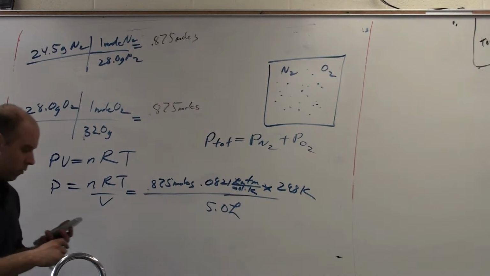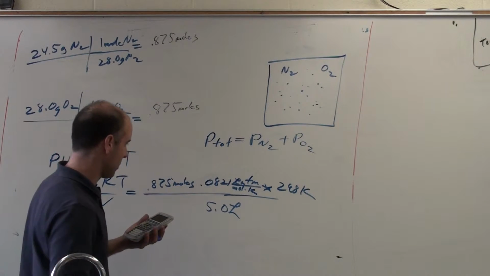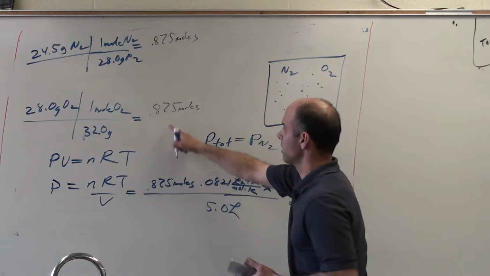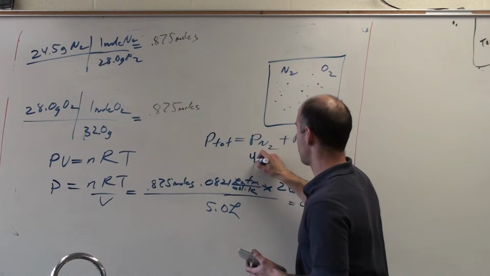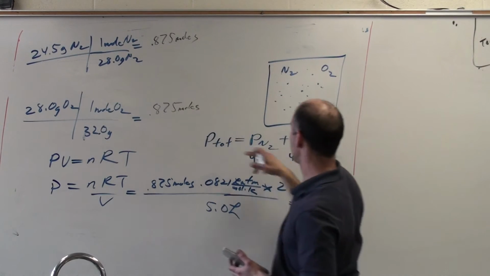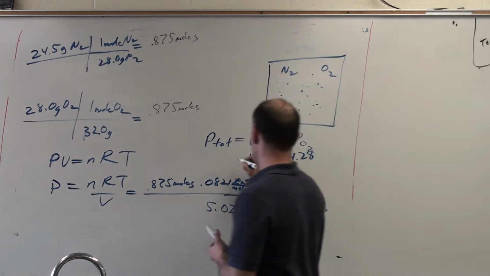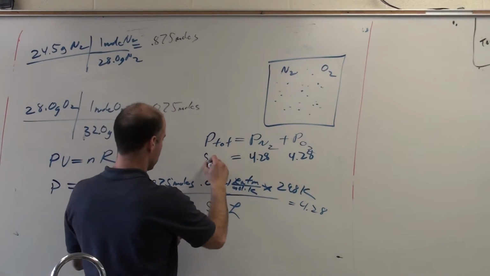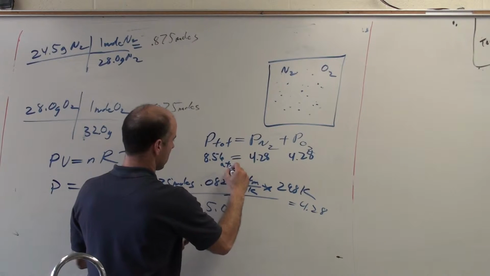And I get 4.28 atmospheres. So if one of these is 4.28 atmospheres, then because their moles are equal, the other one will be as well. And the total pressure will be 8.56 ATMs.